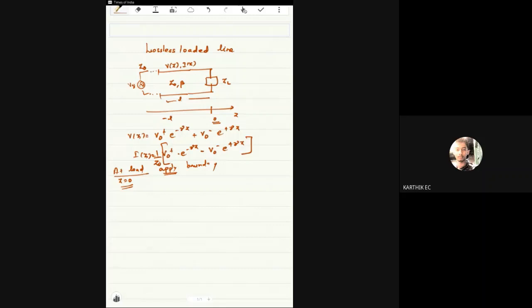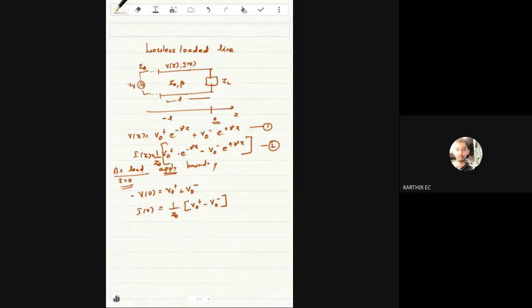z equal to 0. So in that case I can rewrite equations 1 and 2 as V of 0 equals V0 plus plus V0 minus, and I of 0 as 1 by Z0 times V0 plus minus V0 minus. What is the voltage at the load?